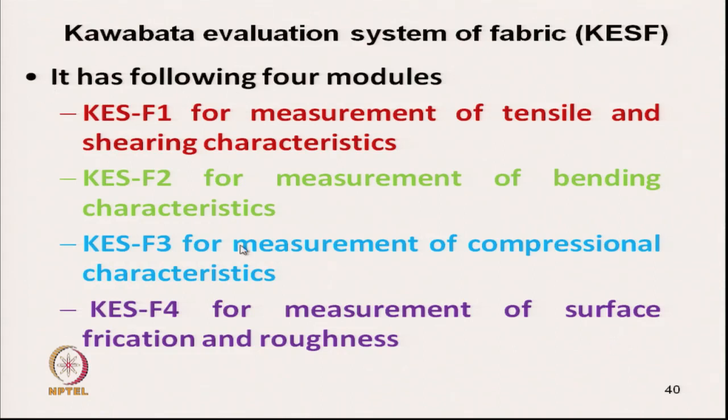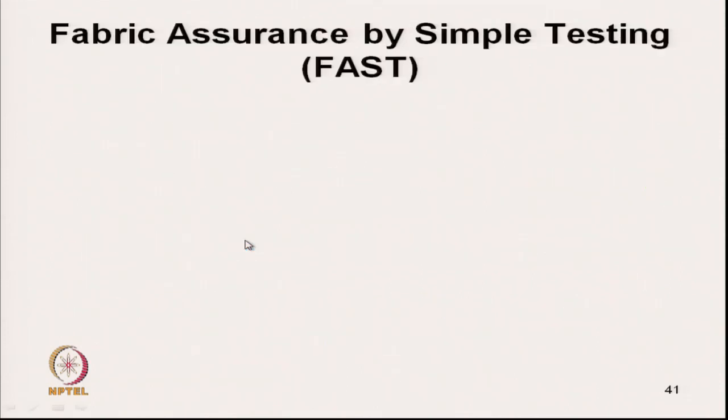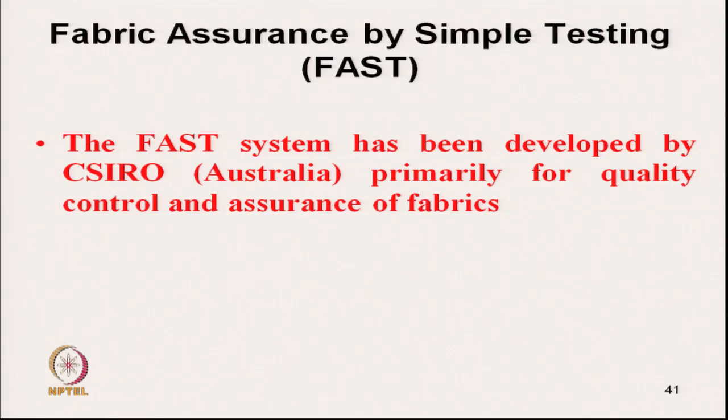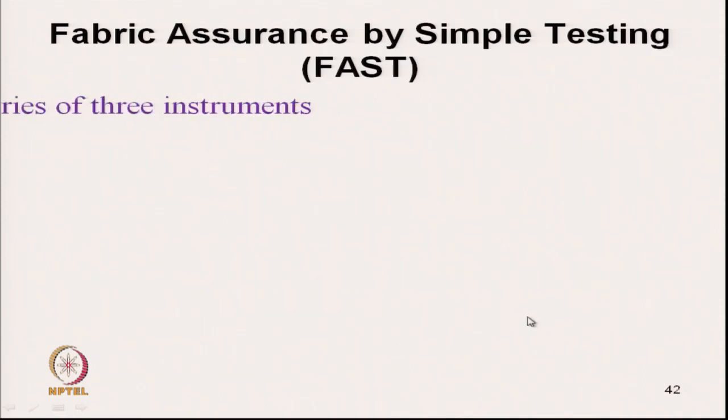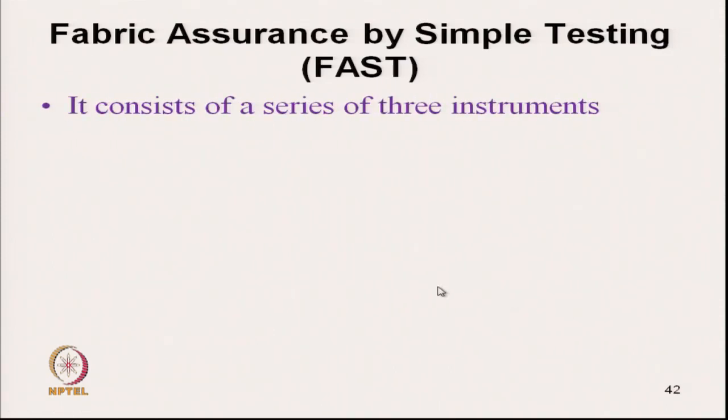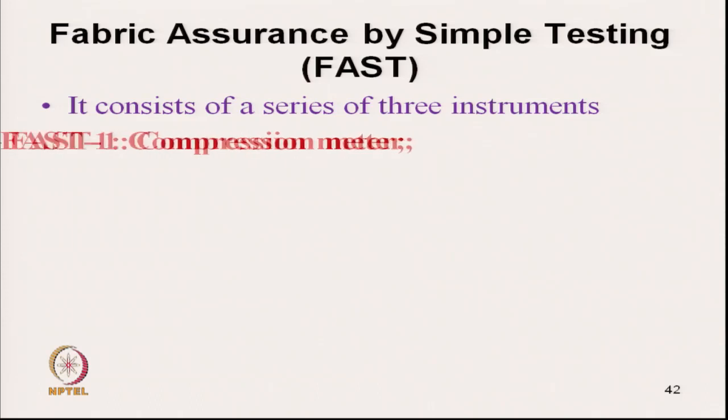Similarly, Fabric Assurance by Simple Testing, developed by CSIRO Australia, gives an objective indication of fabric handle characteristics, and there are basically 3 instruments and one test method.